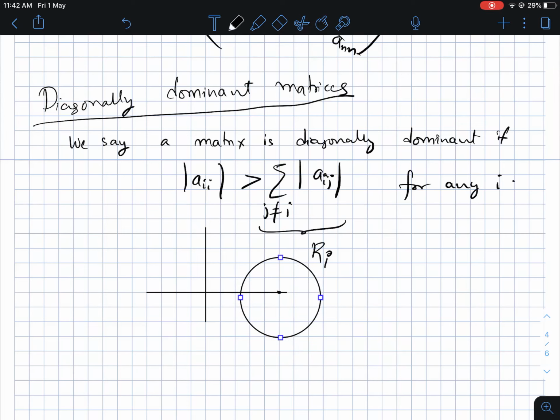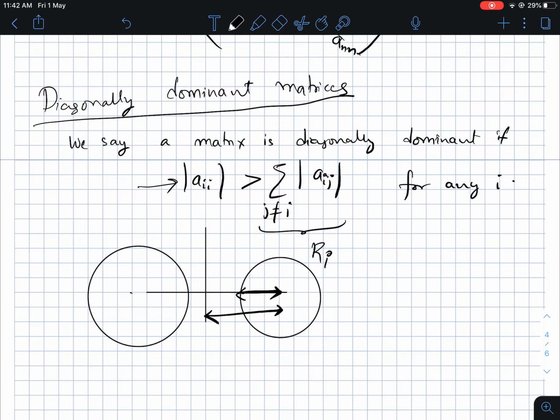Or maybe your ith diagonal entry is here, if it happens to be negative, but your radius will be something like this. In any case, your radius will be smaller than the distance from the origin of the center itself. So with this definition, if a matrix satisfies this, we say it's diagonally dominant.